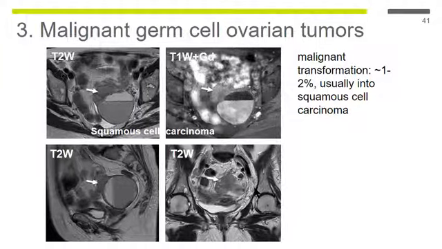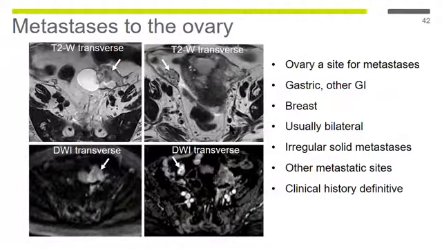If you get a malignant germ cell tumor in an older person, it's often a dermoid or a mature cystic teratoma gone bad, and it's the squamous elements of those tumors that go bad. And you see here it's clearly a dermoid because there's a fat-fluid level. But this solid component is irregular, it's nasty looking, it enhances, and these are really very aggressive tumors that metastasize early and the patients do badly, so it's quite useful to recognize them.